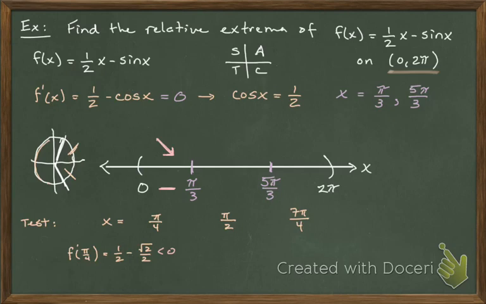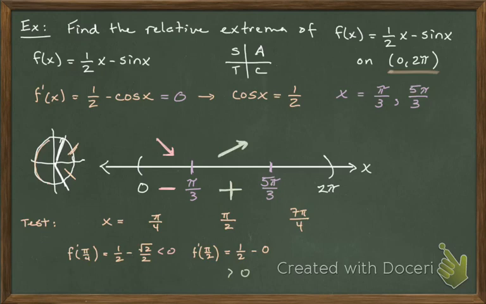Next, from pi over 3 to 5 pi over 3, I'm testing pi over 2 as my test value. Plug in pi over 2. 1/2 minus cosine of pi over 2, which is 0. So 1/2 minus 0, that's a positive number. So my derivative is positive. My function is increasing.